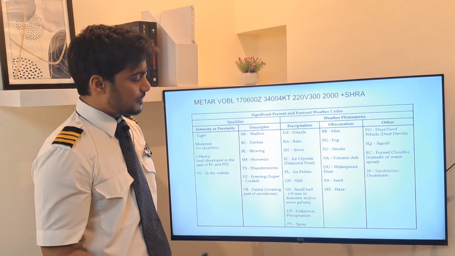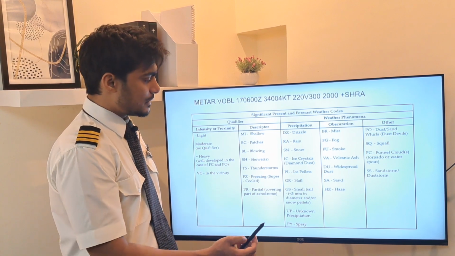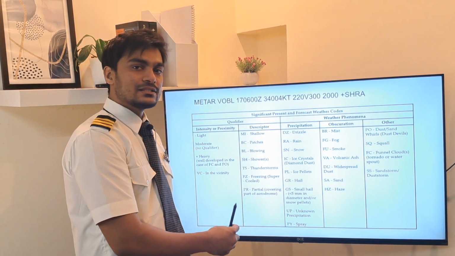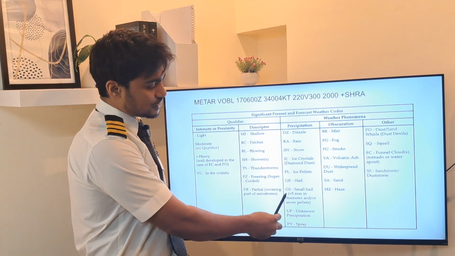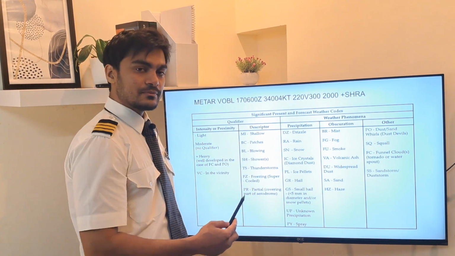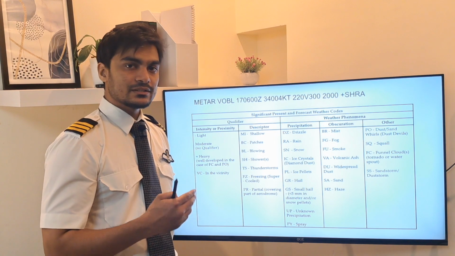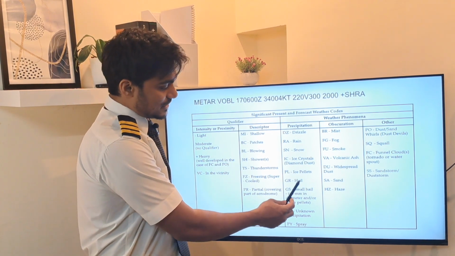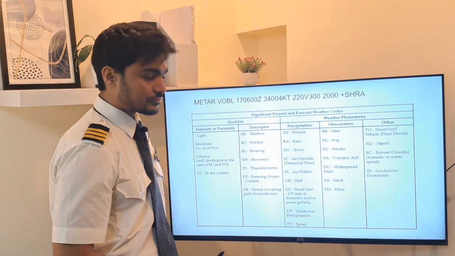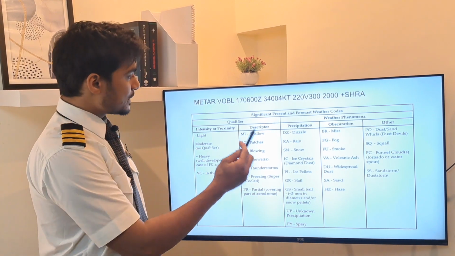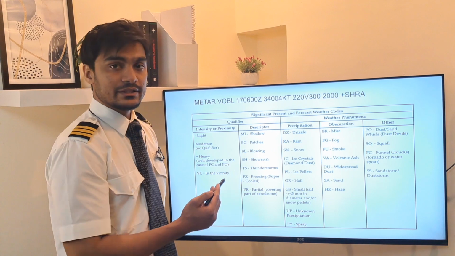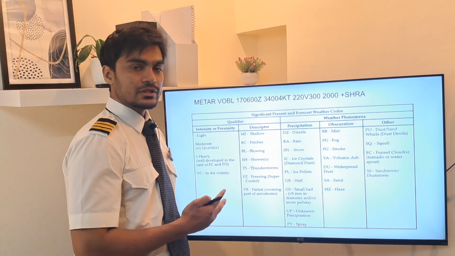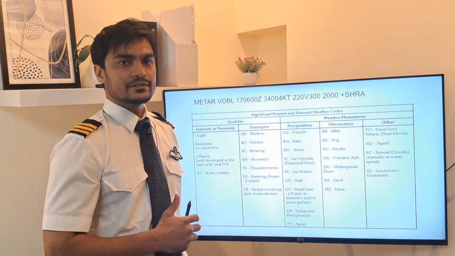If in a thunderstorm we are experiencing small hail that is less than 5 mm, it would be denoted as TSGS, that stands for thunderstorms and small hail. If we are experiencing hail of more than 5 mm diameter in a thunderstorm, it would be GR, so TSGR. So looking at this table, we can decipher most of the weather phenomena and codes used in a METAR on a daily basis.